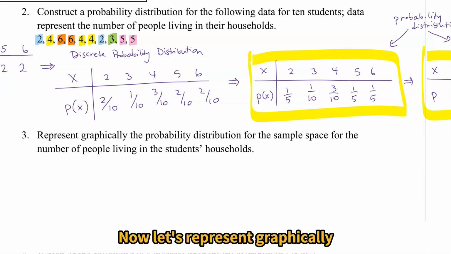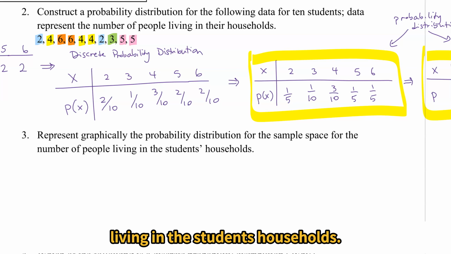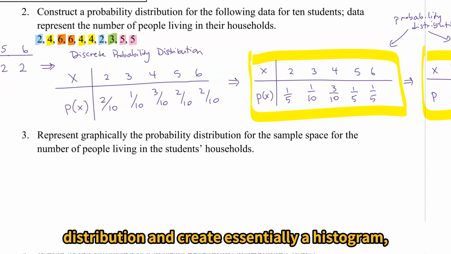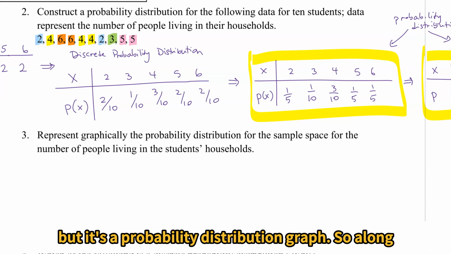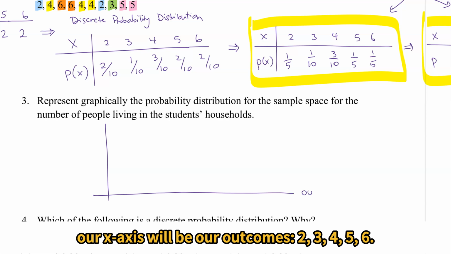Now, let's represent graphically the probability distribution for the sample space for the number of people living in the student's household. So we're going to take this probability distribution and create essentially a histogram, but it's a probability distribution graph. So along our x-axis will be our outcomes, 2, 3, 4, 5, and 6.